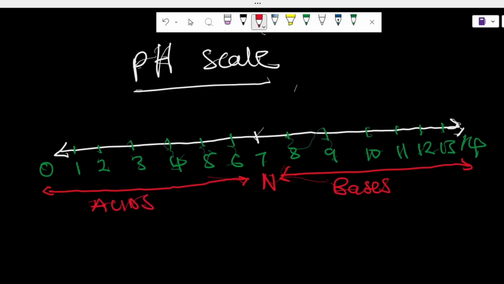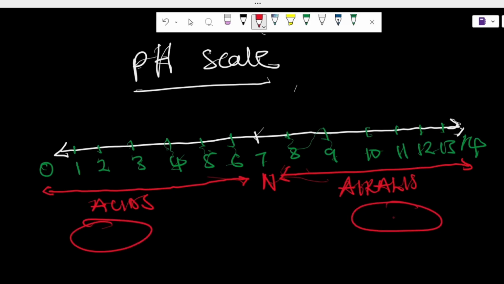So below 7 you have acids, that is the acidic pH less than 7, and above 7 you have the alkaline pH. In fact, we can write alkaline here, or alkalis. So this is acidic in this region, and this is alkaline in that region.